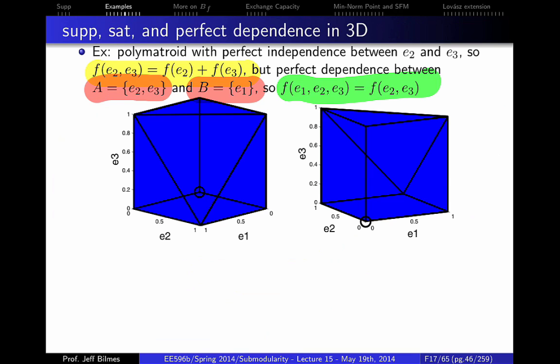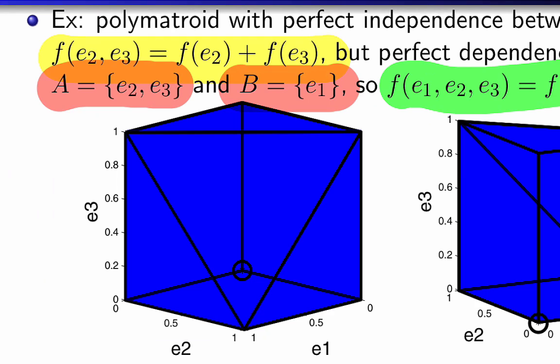Now, looking at the polytope for this, if we march along, starting at 0, I have to get these axes right. 0 is in the center. Maybe let's zoom in a little bit so you can see it better. So we march along E1 first and E2.